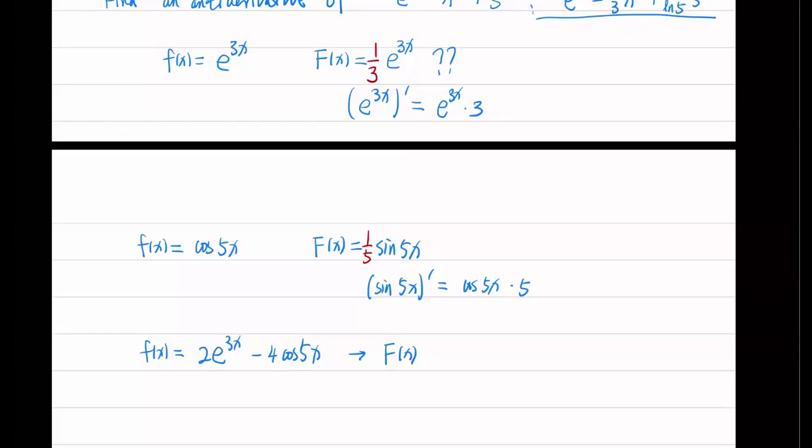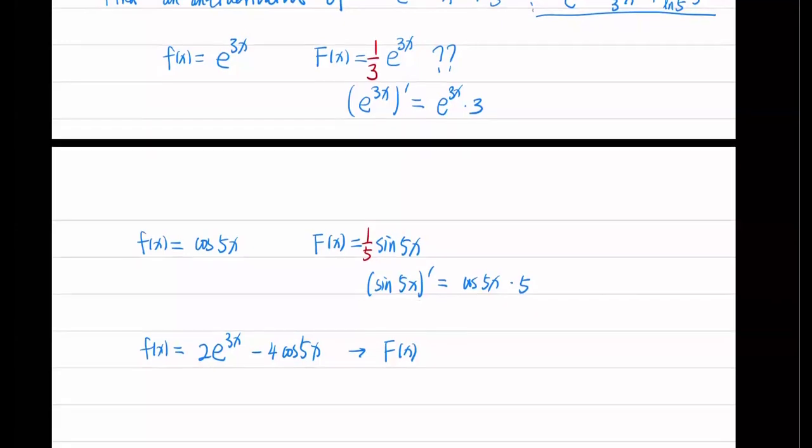Okay, let me check. So this will be twice of the one over there minus 4 of this times. Okay, I think you entered this wrong. I think you mean E, but it's correct.